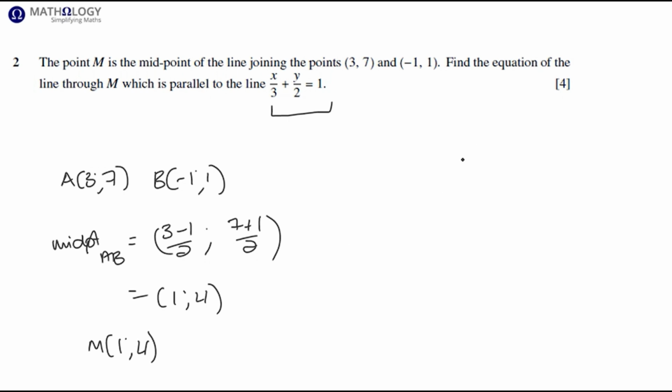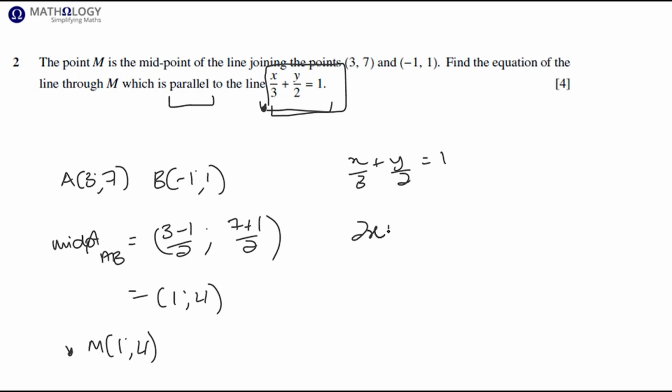Now, we are required to find the equation of the line that passes through M and is parallel to this particular line over here. So we need to express this equation in standard form so that we can get the gradient. It's important because the line that we're looking for is parallel to this particular line, so it's got the same gradient. So we're going to multiply every term through by 6, which is the LCM of 3 and 2.